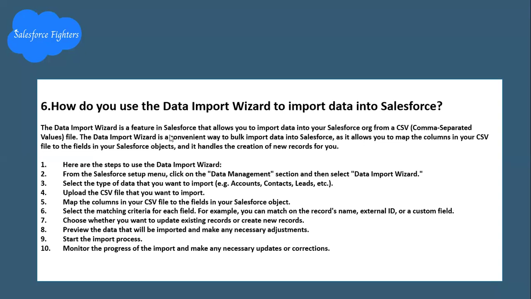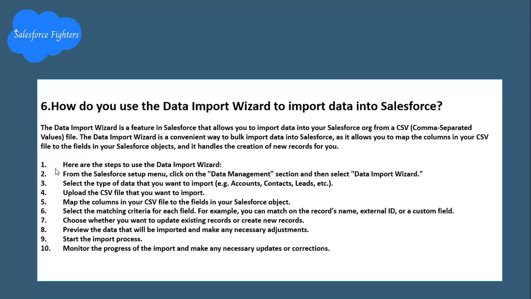The Data Import Wizard is a convenient way to bulk import data into Salesforce, as it allows you to map the columns in your CSV file to the fields in your Salesforce object, and it handles the creation of the new records for you.